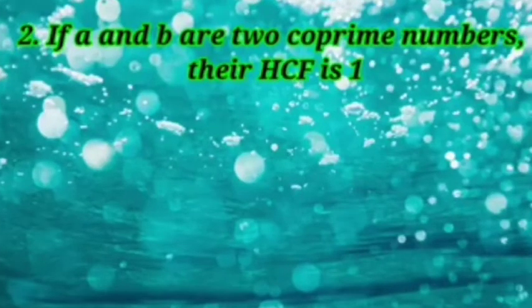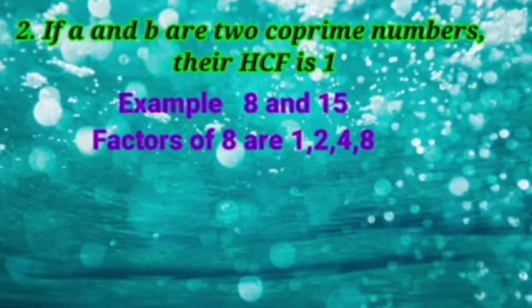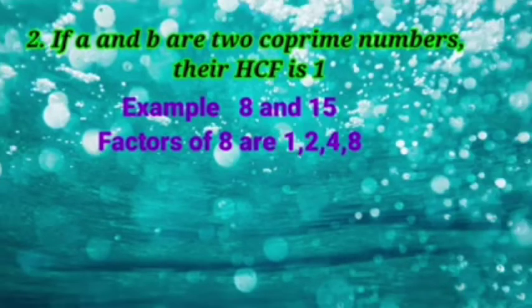Second one, if A and B are two co-prime numbers, then their HCF is 1. For example, numbers are 8 and 15. Now, let's see the factors of 8: 1, 2, 4 and 8.